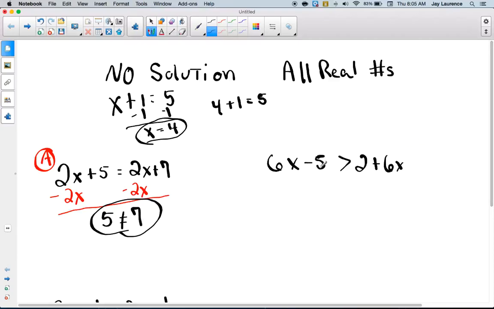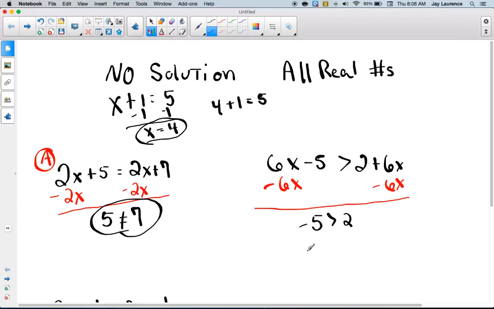Okay, let's look at this inequality. Again, I've taught you to get rid of the variables on both sides first. Make it so there's only variables on one side if possible. And so I'm going to subtract 6x from both sides. And then I'm going to get -5 is greater than 2. Well, that's not true. That's a lie.